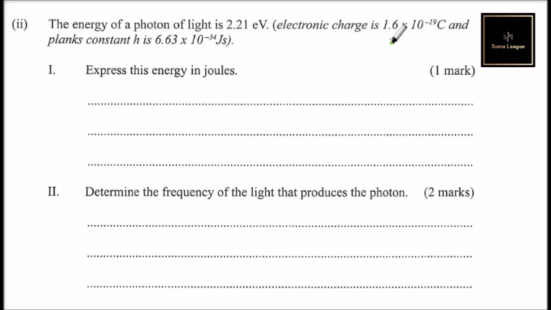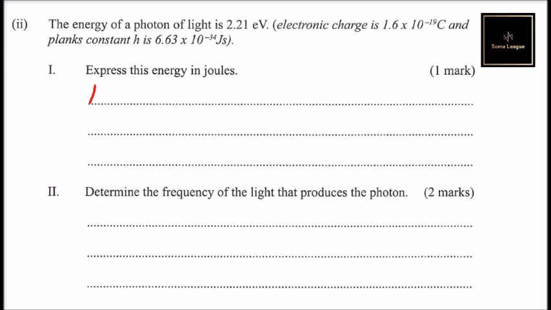Number 2, the energy of a photon of light is 2.2 eV. Electronic charge is 1.6 times 10 to the power minus 19 coulombs, and Planck constant h is 6.63 times 10 to the power minus 34 joule seconds. Express this energy in joules.